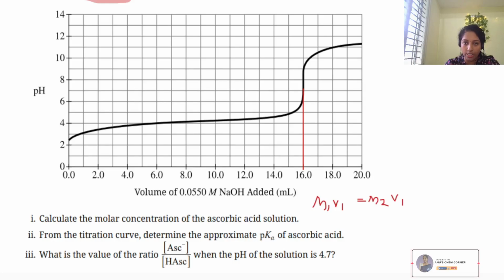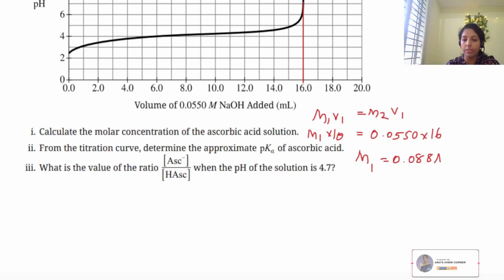M1 we don't know, that is the ascorbic acid concentration, but the volume of ascorbic acid is 10 and the molarity of the base is 0.055, and the volume at the equivalence point you need to take, so 16. Then what is M1? You can just calculate this one. So you will get M1 as 0.088. I got it. That many molarity will be the answer.